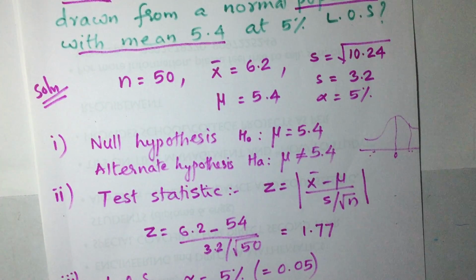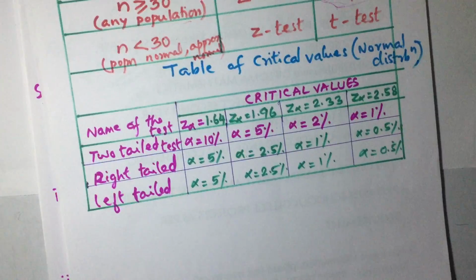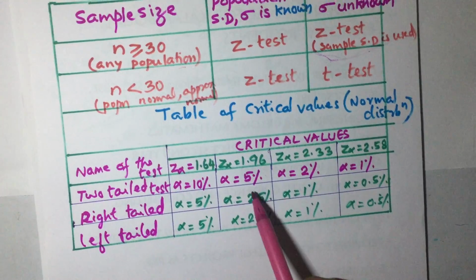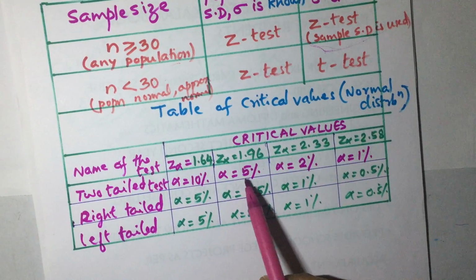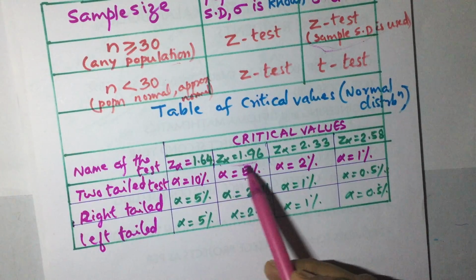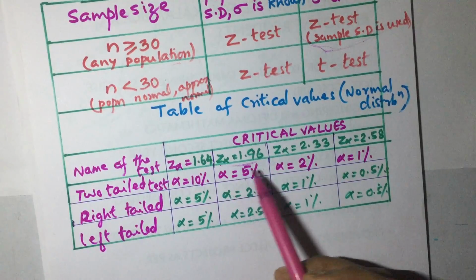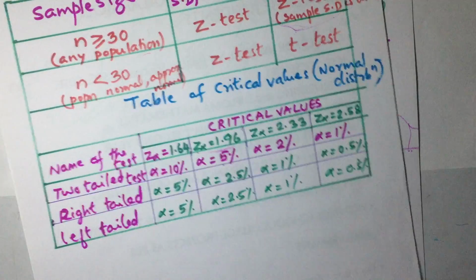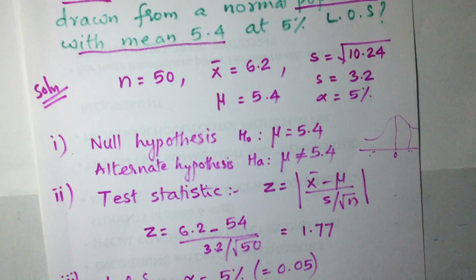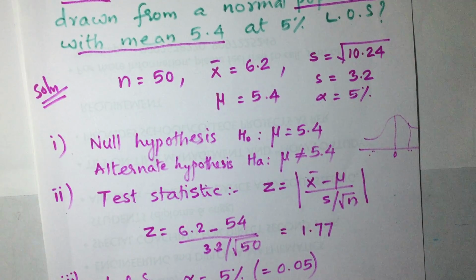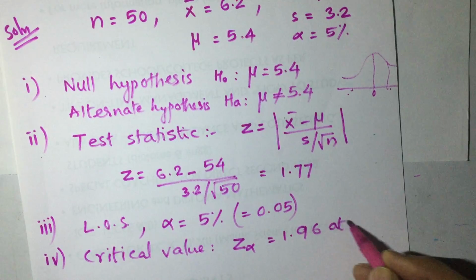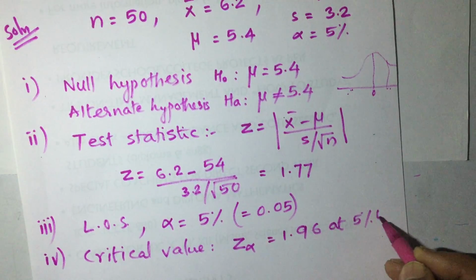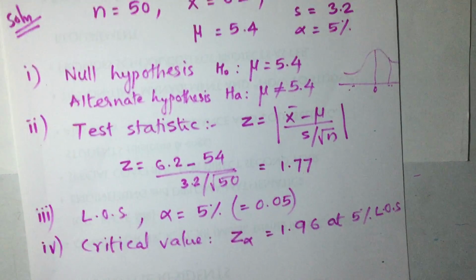I gave you the table yesterday: when alpha is 5%, what is the value of Z? Z is given as 1.96. So Z alpha is 1.96 at 5% LOS.